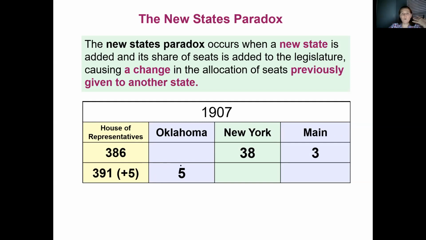It was 5, so 5 seats were added to the legislature, and 391 seats were apportioned, and then New York lost 1 representative and Maine gained 1 representative. So it represents a new state paradox. The apportionment changed, but the populations of New York and Maine were the same as before adding these 5 representatives.